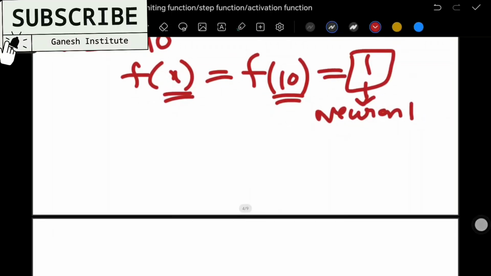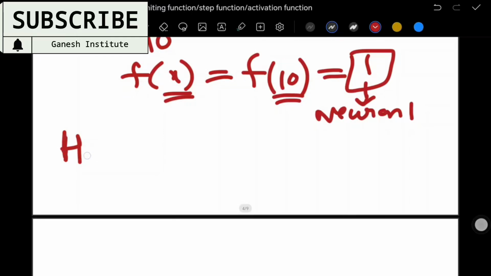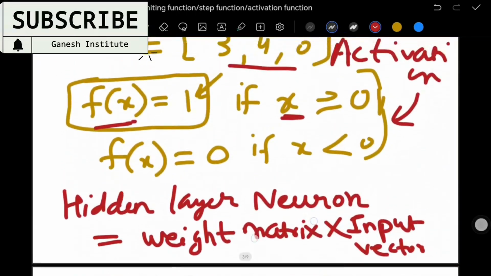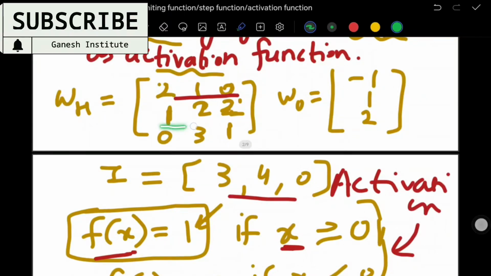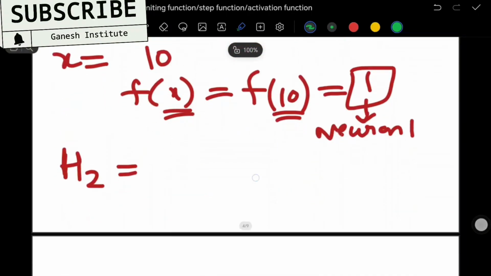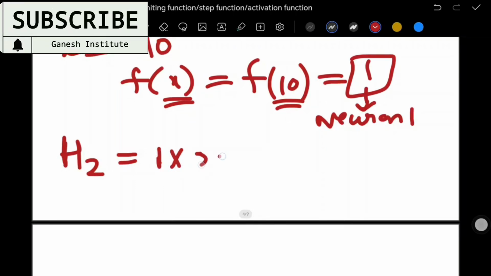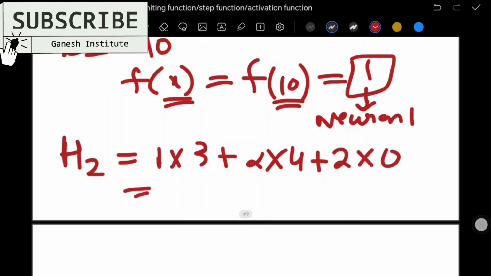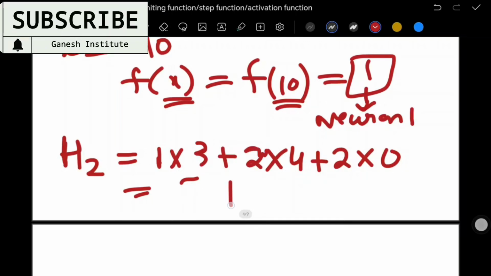Then the next calculation is for the second row, hidden neuron 2: the second row and the input. The second row is 1 2 2 and the input is 3 4 0. So 1 times 3, 2 times 4, and 2 times 0. 1 three is 3, 2 fours are 8, which becomes 11.